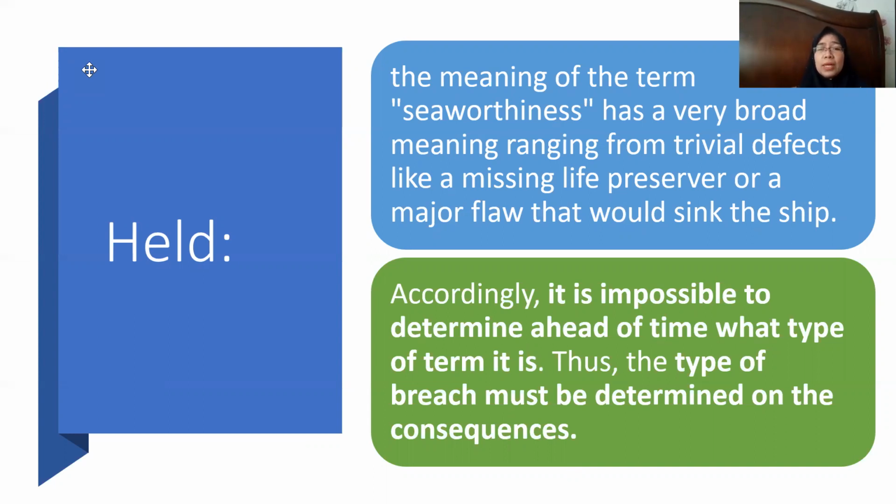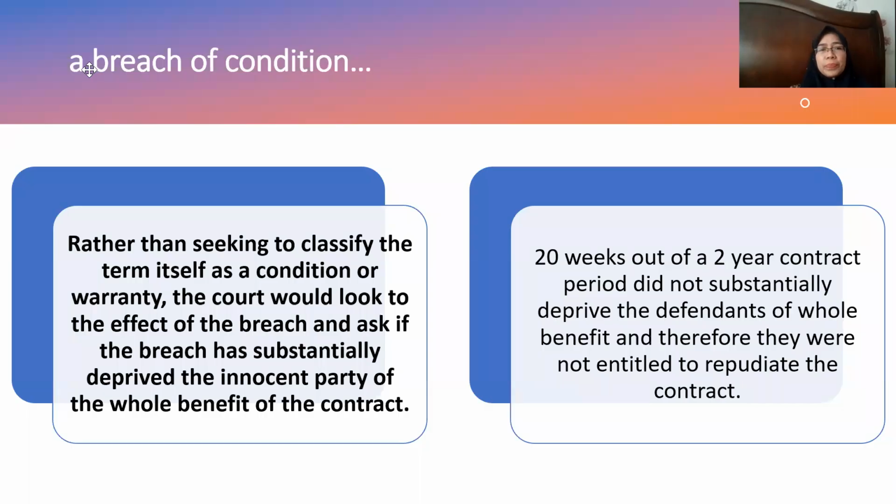It depends on the nature of the repair, the extent of the defects, how extensive the defects were. The court said that, rather than seeking to classify the term itself as condition or warranty, the court will look at the effects of the breach.